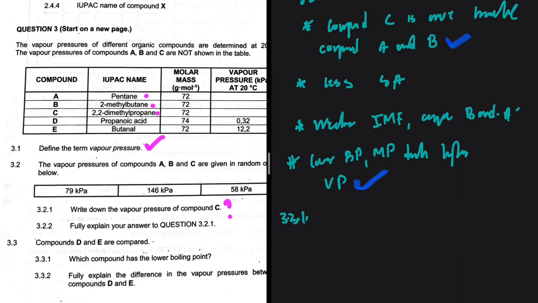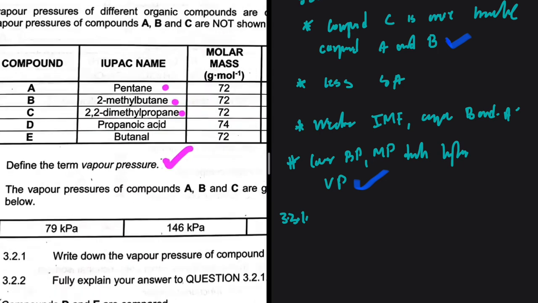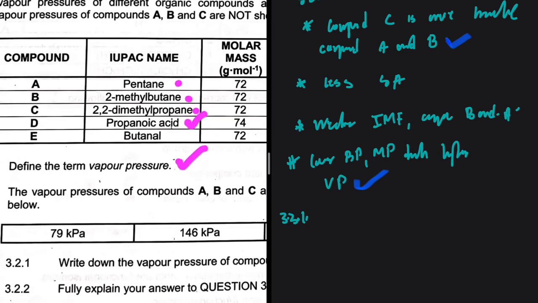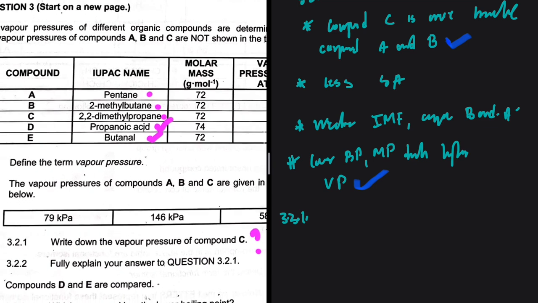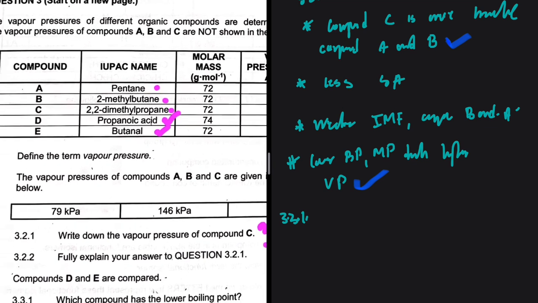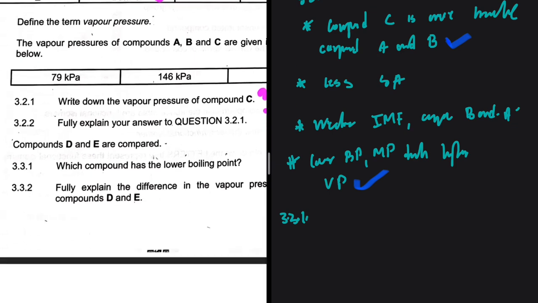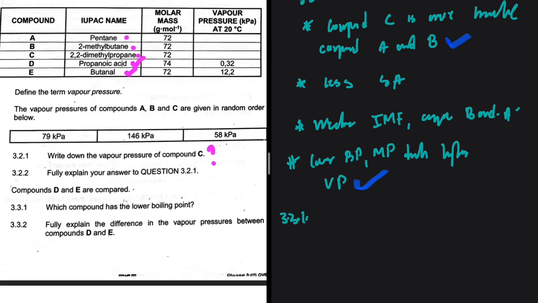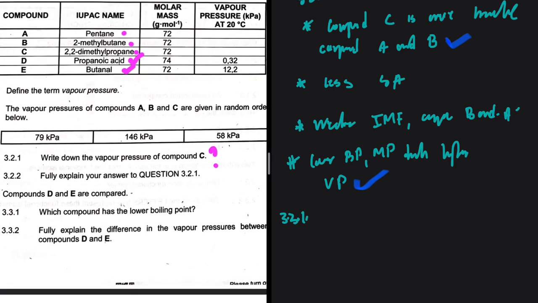3.3.1, compound D and E are compared. D is propanoic acid and E is butanol. Already we expect propanoic acid to have the lower vapor pressure, because it has stronger intermolecular forces. But let's hear the stories. Which compound has the lower boiling point?